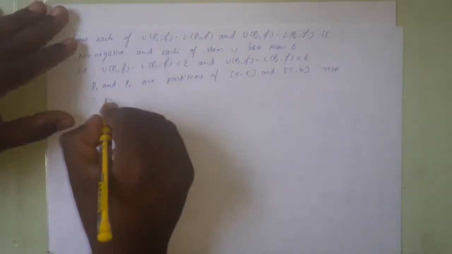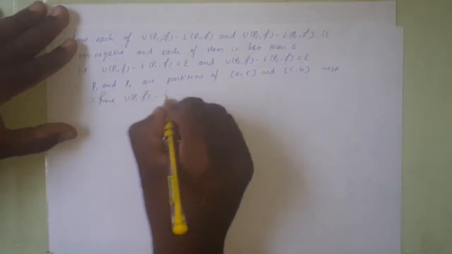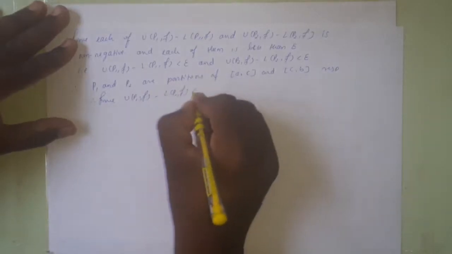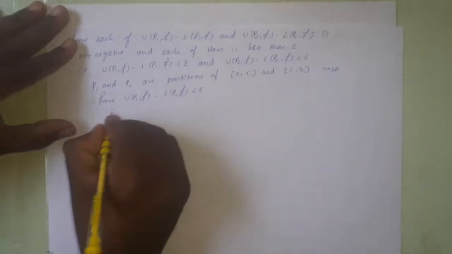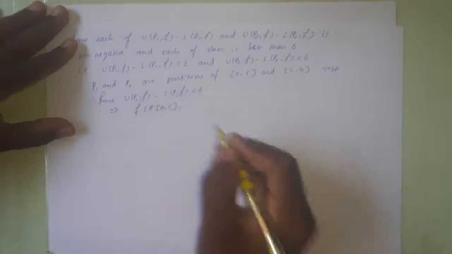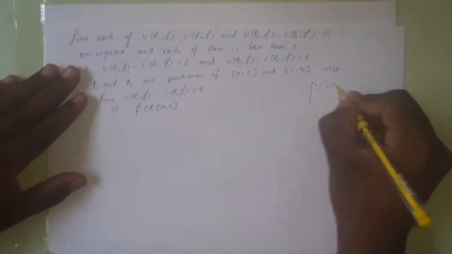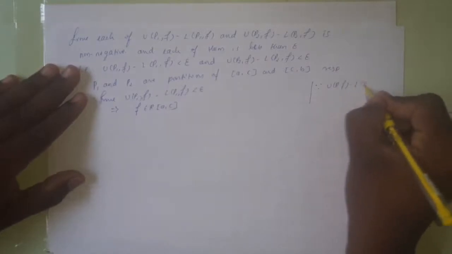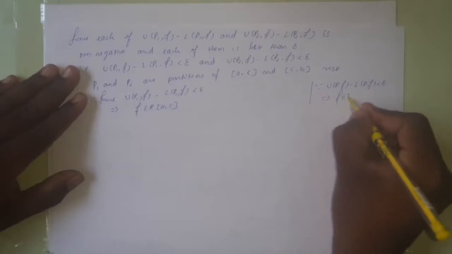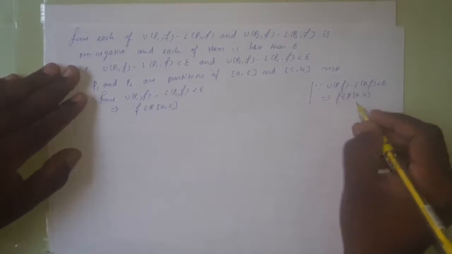So, therefore, since U P1 F minus L P1 F is less than epsilon, it implies that F is Riemann integrable on the interval AC. So, here because if U P F minus L P F is less than epsilon, it implies that F belongs to R of the closed interval AB, where P is the partition of the closed interval AB.